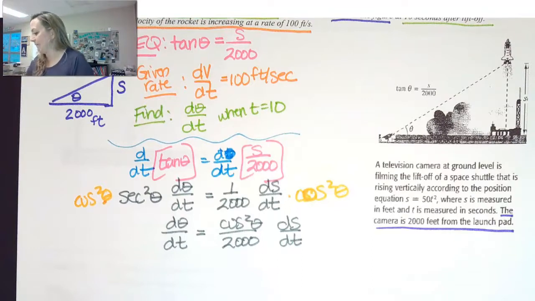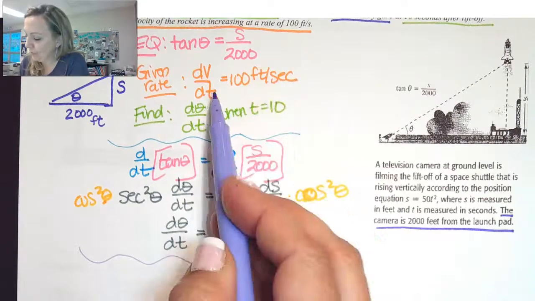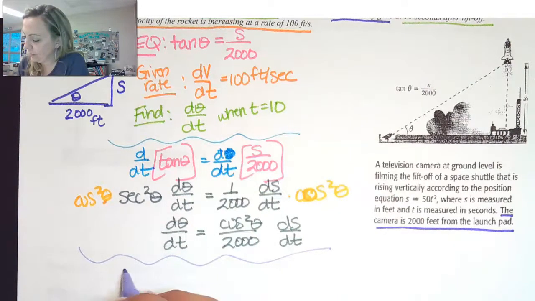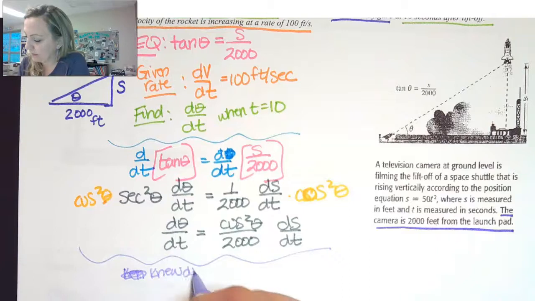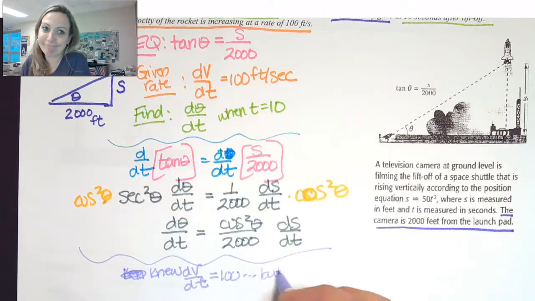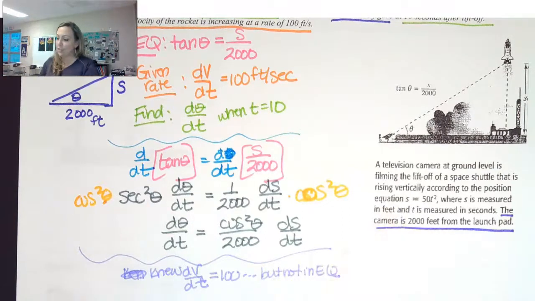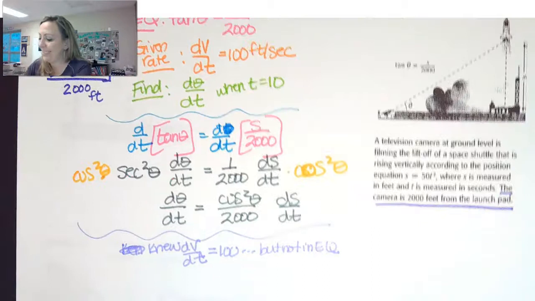Now it's time for us to substitute things in. Here's step 3. What we knew was dv dt, but unfortunately it's not in our equation. So we need to find what we need here.